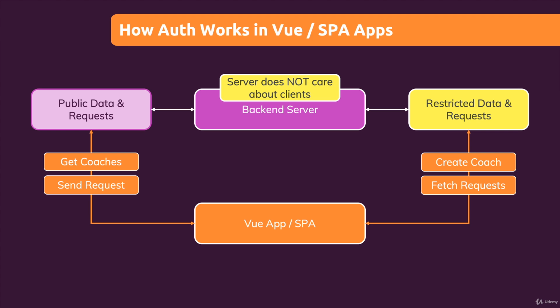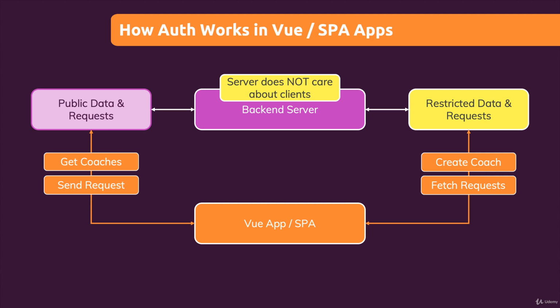The server, in our case Firebase, but again you could be using any API, really does not care about our Vue app. It doesn't store any information about that app. It doesn't store whether the user of this app instance is actually logged in or not. Therefore, we'll have to find a way of still keeping track whether the visitor of the web page who's currently using the website is logged in or not.